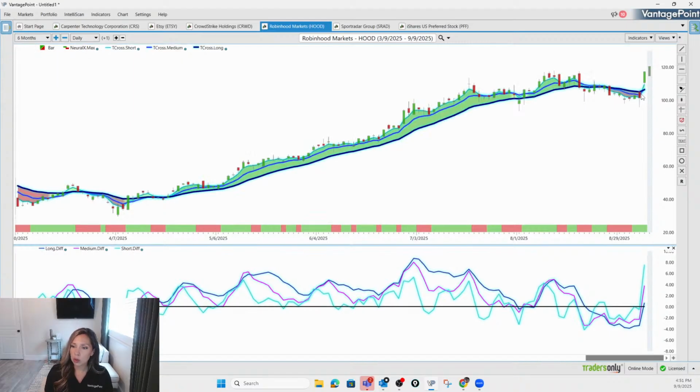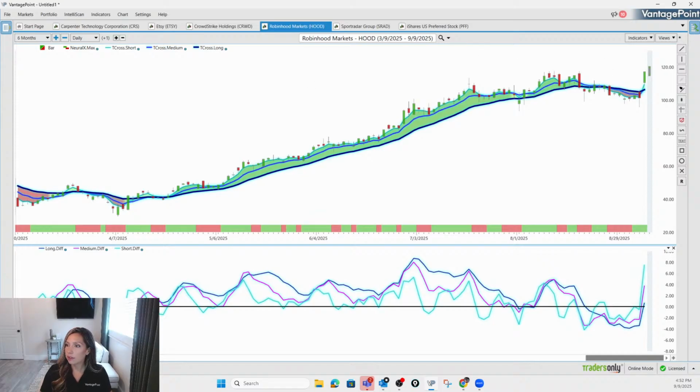And for those of you who are not familiar with support and resistance, or the triple cross, or VantagePoint, these moving averages that you're seeing on the screen right now, this is the triple cross. We call it the triple cross because it consists of 3 predictive moving averages, okay?